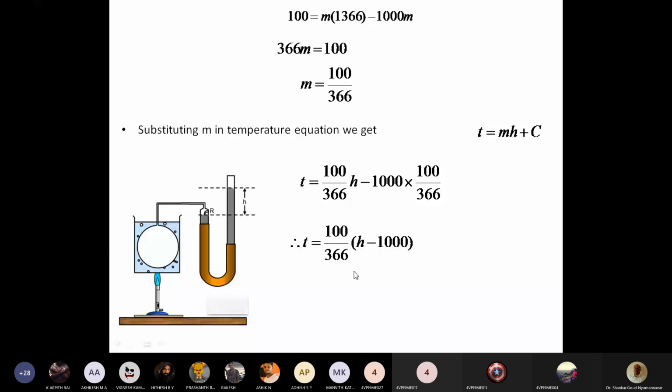Now he has given H. You need to find out the temperature when H is equal to 1075. The problem statement is given. So find out the temperature at 1075. Substitute the H value here and find out the temperature.